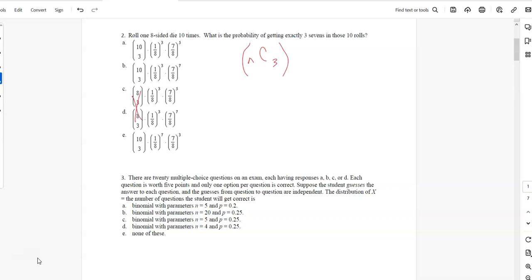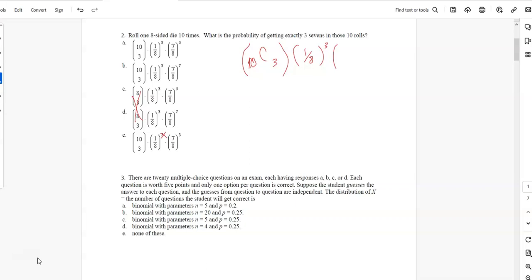So it's going to be either A or B or E here because they write 10 over 3 there, that's a 10 there. So 10 choose 3 times p, which is 1/8, to the k, which is exactly 3 here. So this one's gone, right?